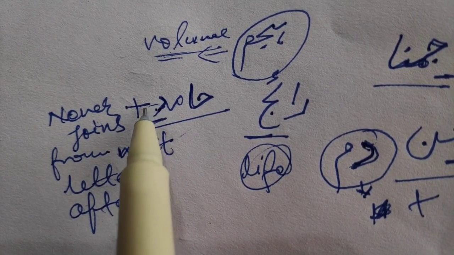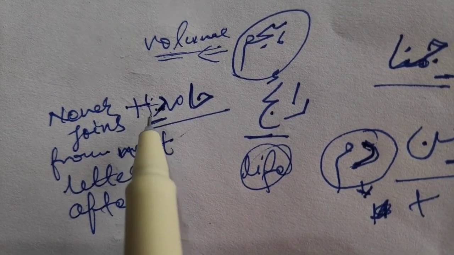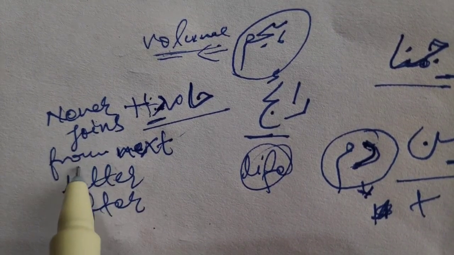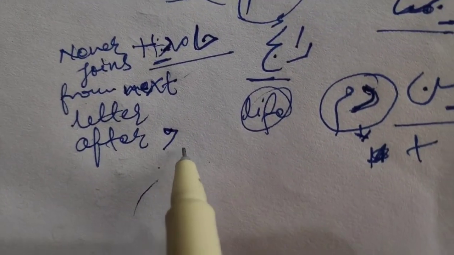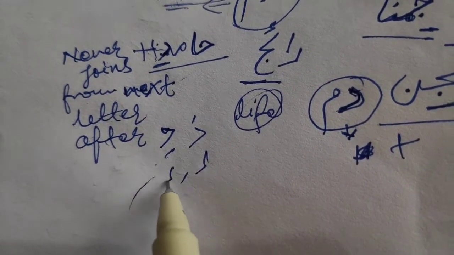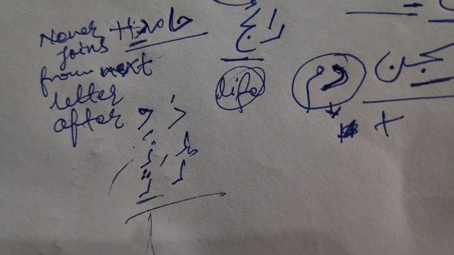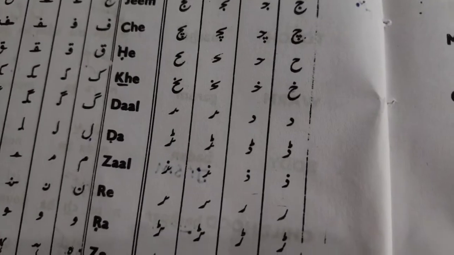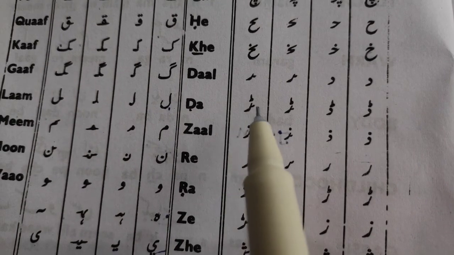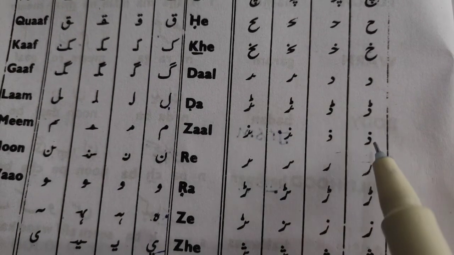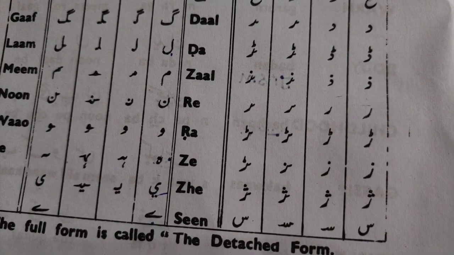If any letter comes, then we have to write it without touching the dal, re, ze, zal, etcetera. It never joins with the next letter after dal, zal, re, ze, and the three-dotted ze. So again, I can say that all the writing shapes of dal, zal, re, and ze are the same.